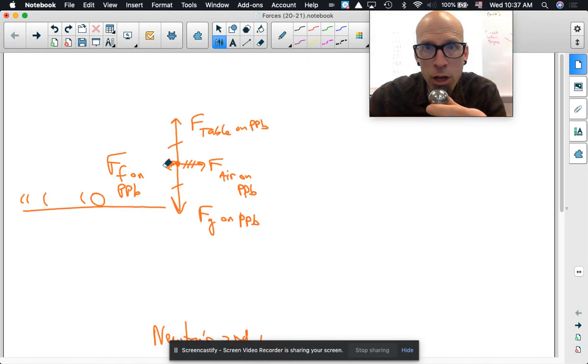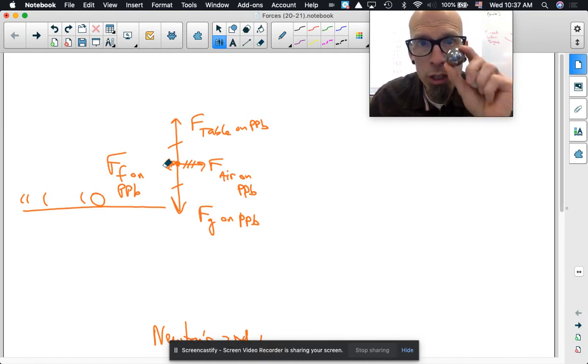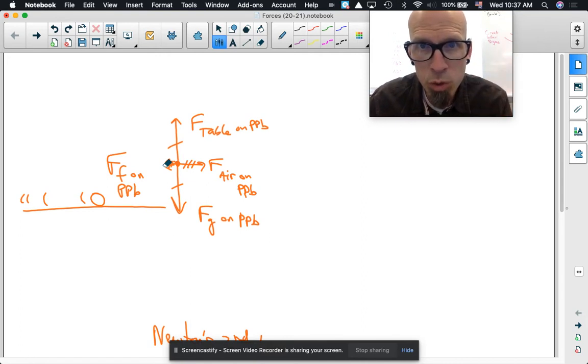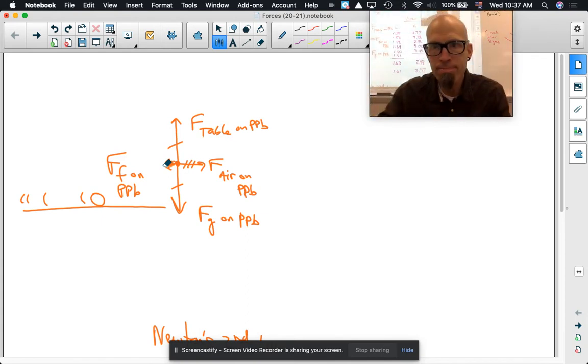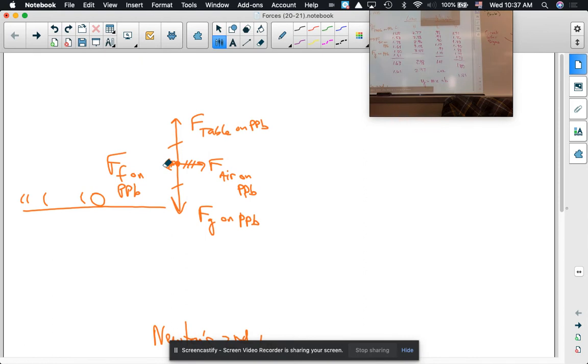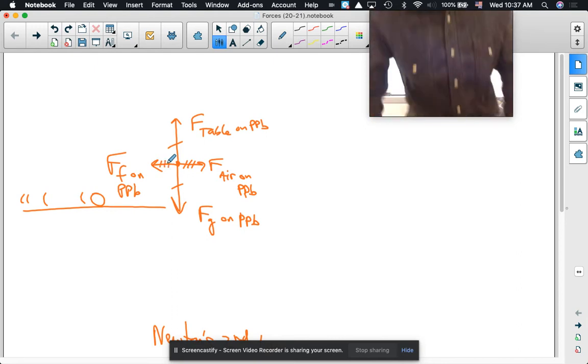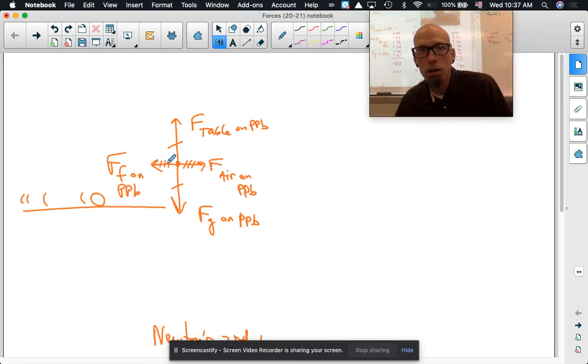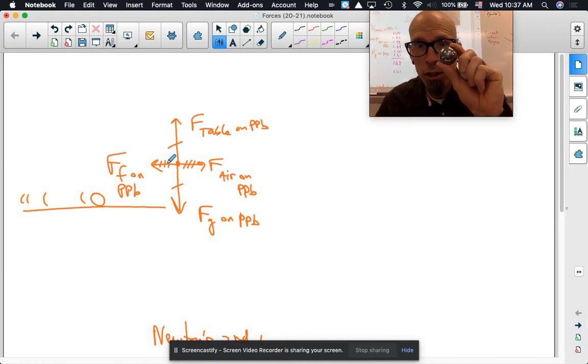And I turned the fan on low, and it would not move. The stainless steel ball bearing would not move, which tells us what? That tells us that the friction force here is probably at least as big as the force of air on the stainless steel ball.